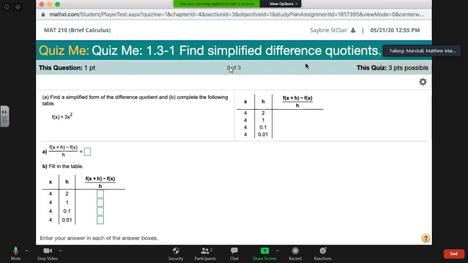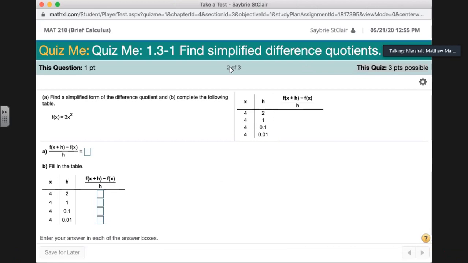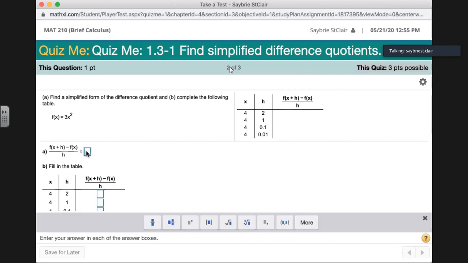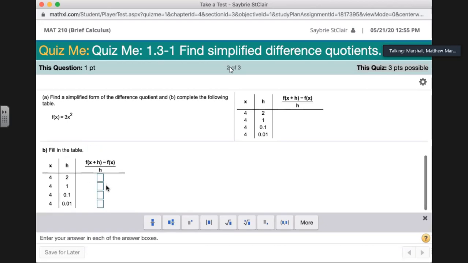Well, they're leading you into the hard stuff. This is just the beginning. Well, yeah, you can see there's a lot of just regular algebra that you've been doing.